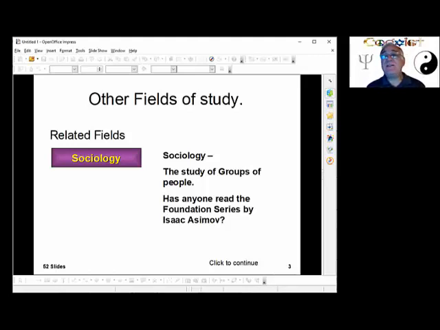In the Foundation series, there is a person who has figured out a mathematical formula that can be used with all the variables in it to describe how people react and act. And if you can change the variables, then you can actually make people do things that you want them to do. A sociologist figured this out.